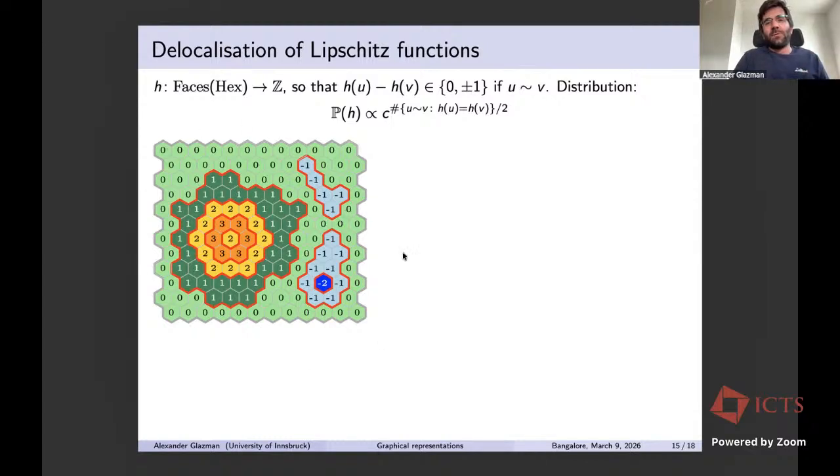Like on this picture, we draw these level lines. The probability of a configuration is given by some c, the same as before, to the power of the number of neighbors which have the same height, divided by 2. The division by 2 is just to have the same parameters as in the previous slides.